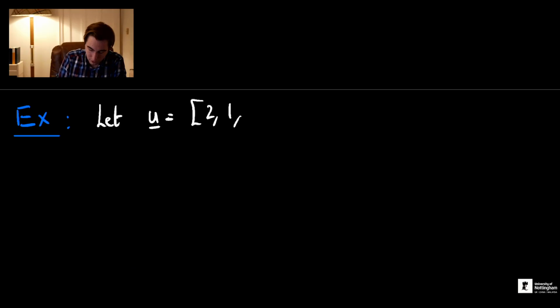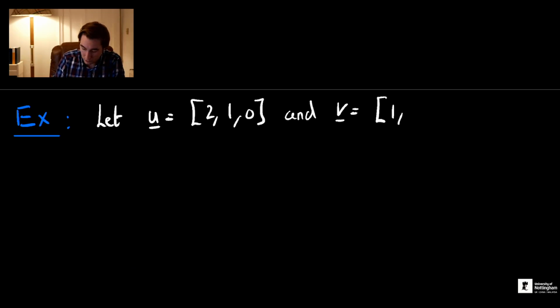In this particular example, we let u equal 2, 1, 0 and v equal 1, 2, 1. So these are vectors in R3.